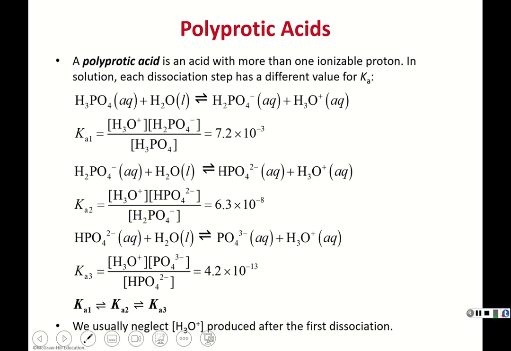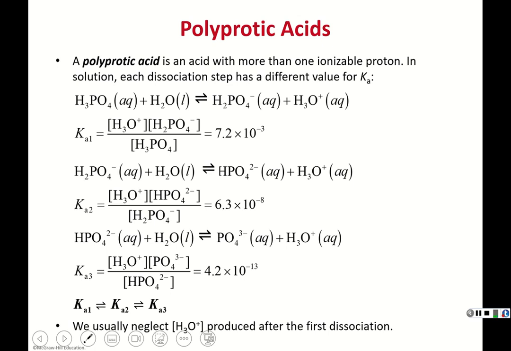So the smaller Ka value would be the next one. Okay, and then this has another proton, right? Still has a proton left that can be lost. So that becomes the acid in the next step, and it loses a proton and becomes PO4 3 minus. Right, and then the Ka value for that is shown here. So you can write Ka expressions for all of these.